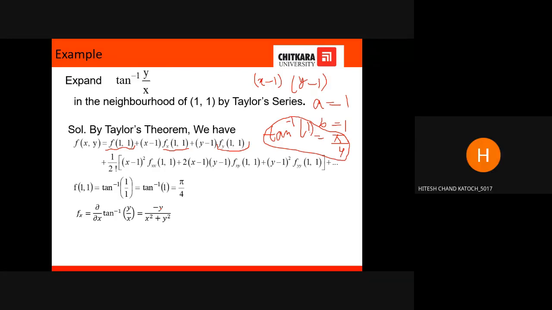Done, beta. So now tell me what is the value of this derivative at point 1 comma 1? Minus 1 by 2, right? So we will be putting here a negative sign over here. Minus 1 upon 1 plus 1. So that is minus 1 by 2, right?